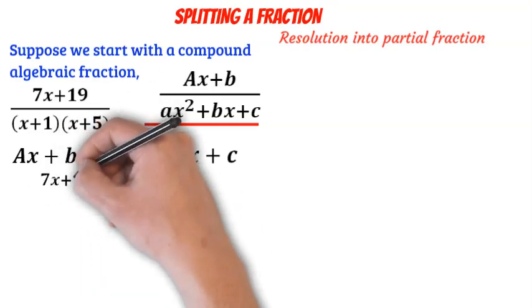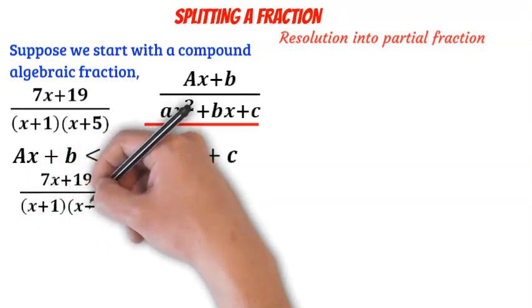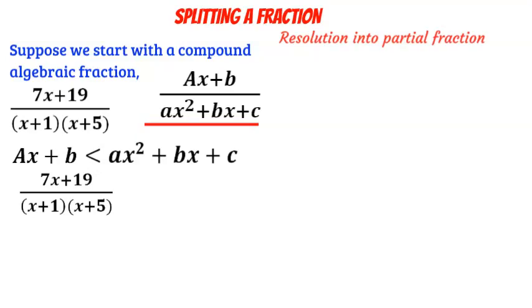Let us start from the fraction (7x + 19) over (x + 1)(x + 5), and now let's attempt to obtain the partial fraction. Note again, by our convention, the degree of the numerator must be less than the degree of the denominator for any partial fraction.